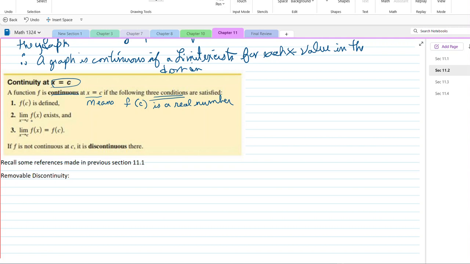And then the limit exists, from before and after that point. And then this one, if the limit as x approaches c of f of x is the outcome of f of c, then all three conditions are met. Okay, no gaps.